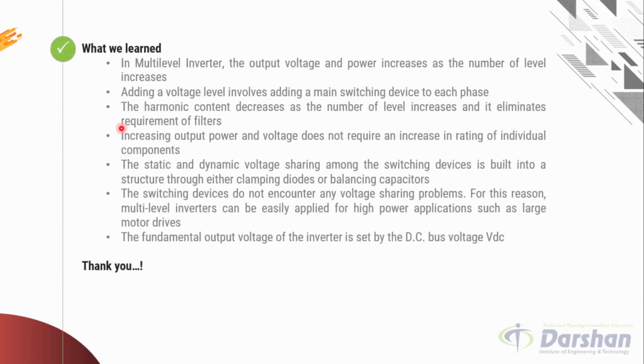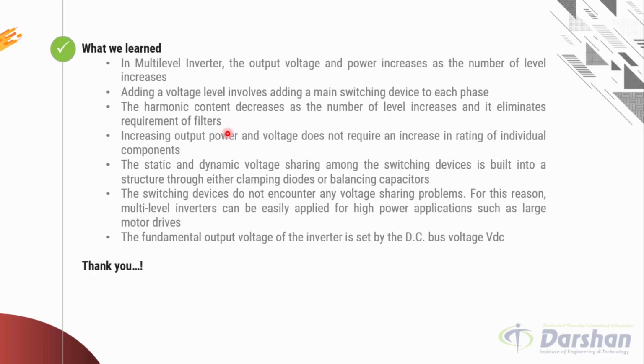Let us summarize the key points of multi-level inverter. In this unit, the output voltage and the power increase as the number of levels increases. The second key point we understood is that adding a voltage level involves adding a main switching device to each phase. The harmonic content decreases as the number of levels increases and it eliminates the requirement of filters.